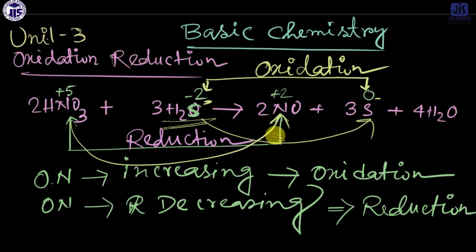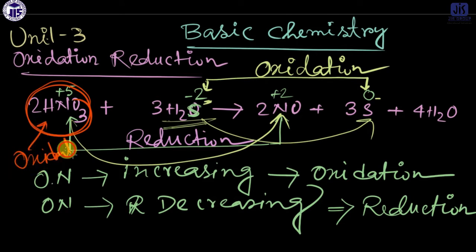Now which is the oxidant and which is the reductant here? This may be the question. HNO3 is the oxidant. Why is it the oxidant? Because it is itself reduced.